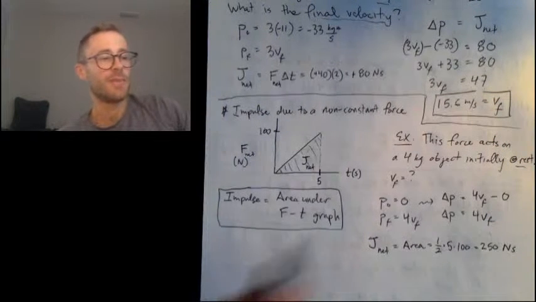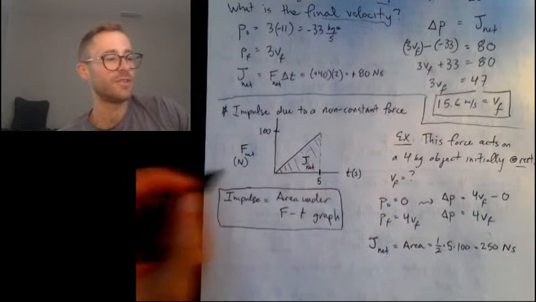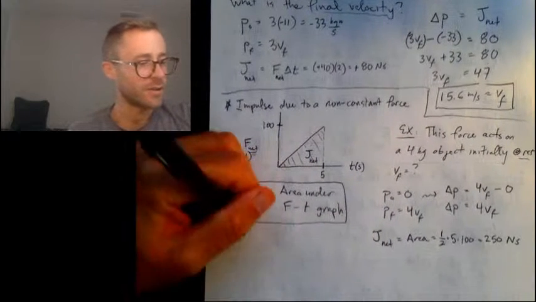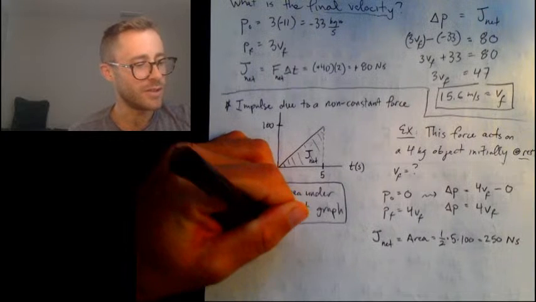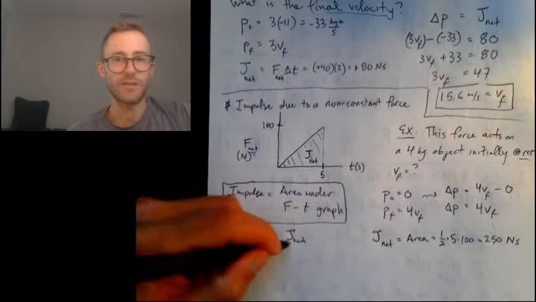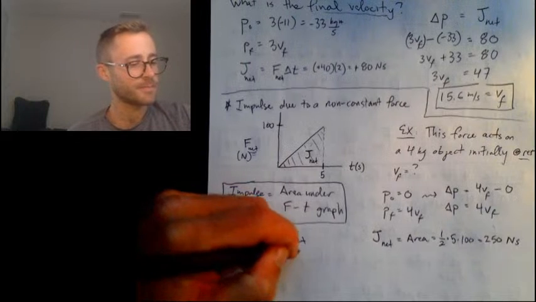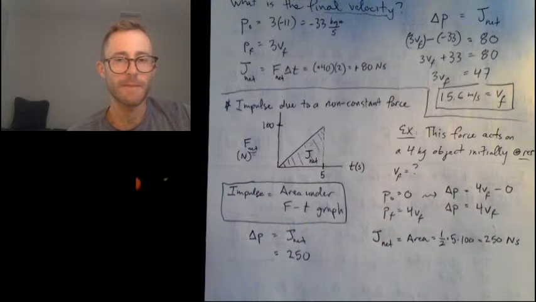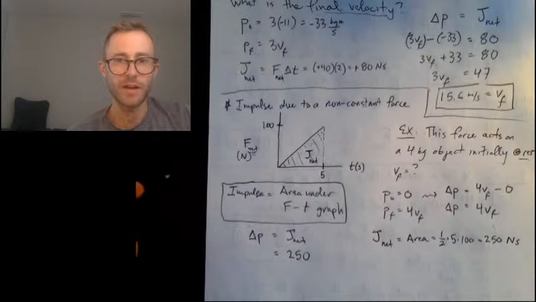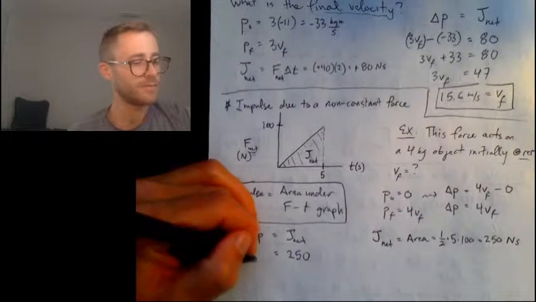So now, again, because this is the net force, we can use the fact that change in momentum is the net impulse. So on the right-hand side, I have 250. On the left-hand side, I have 4 v final.